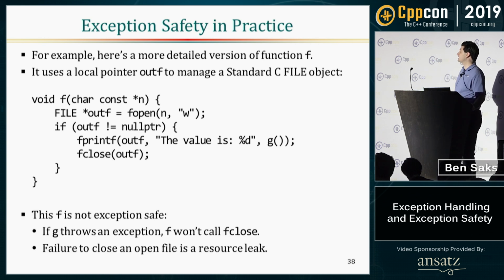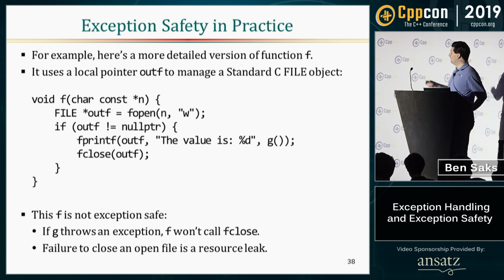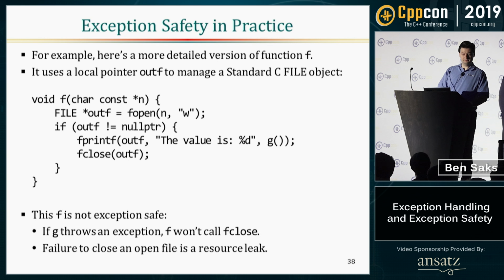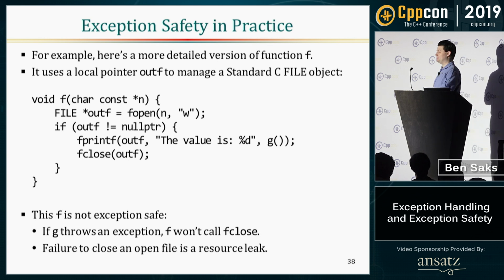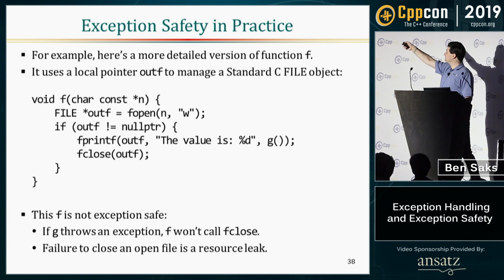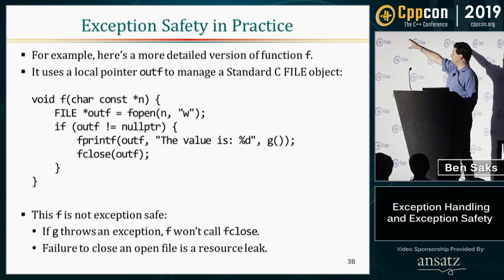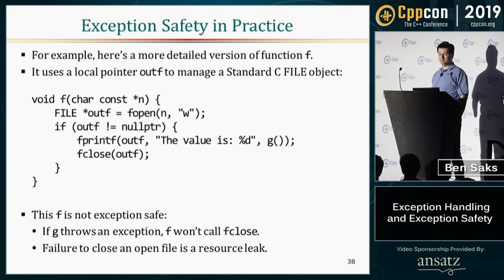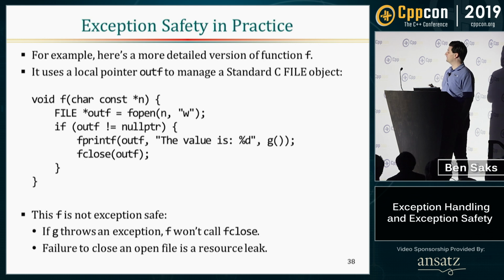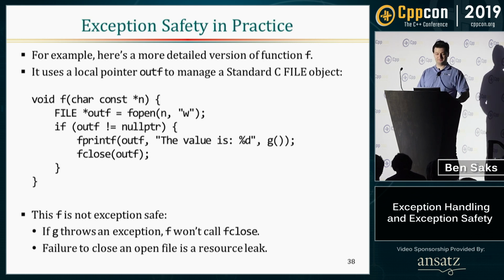So this function isn't exception safe, because suppose g could throw an exception. If that happens, there's no handler in this function, so the exception will immediately propagate out of f, and we will skip over the call to fclose there.